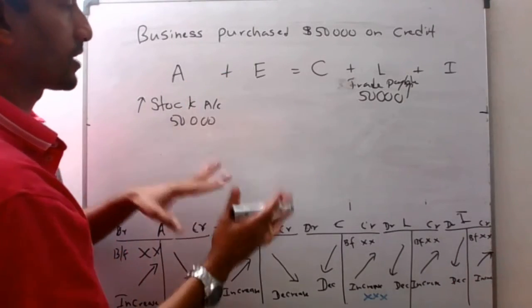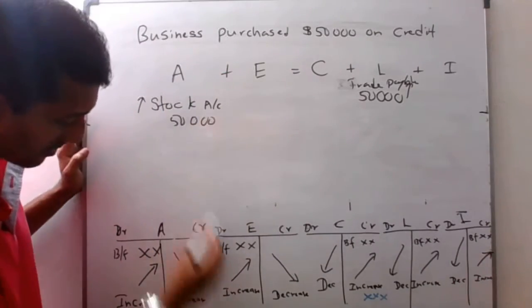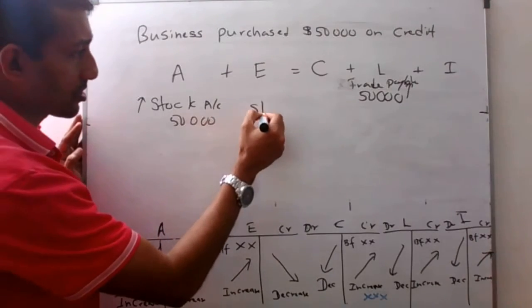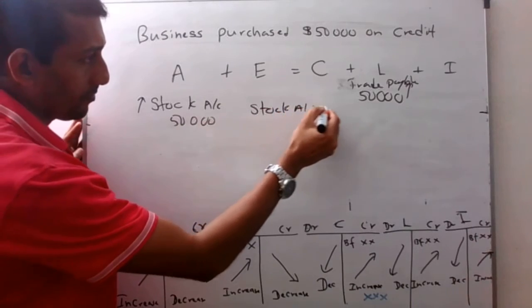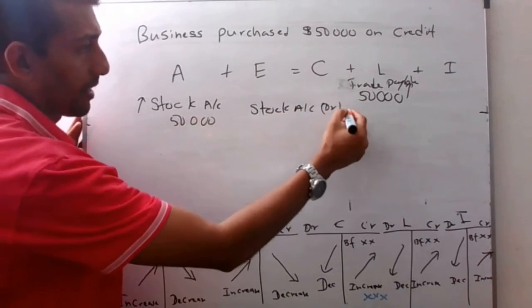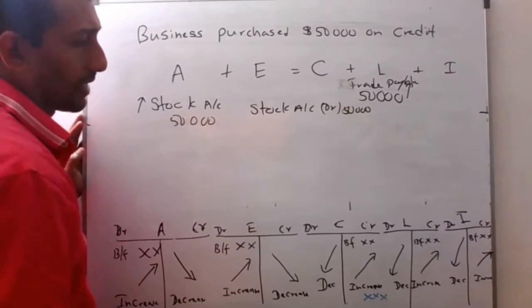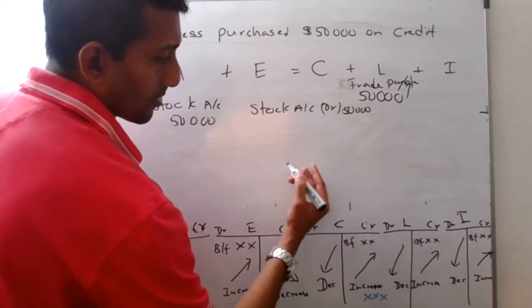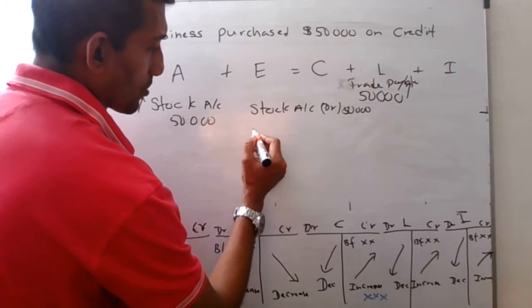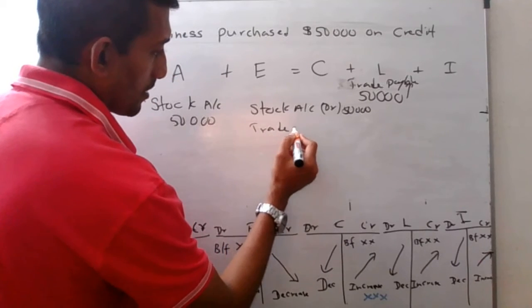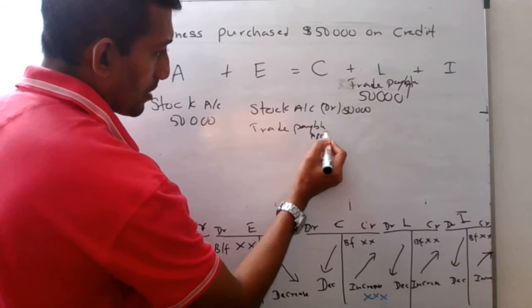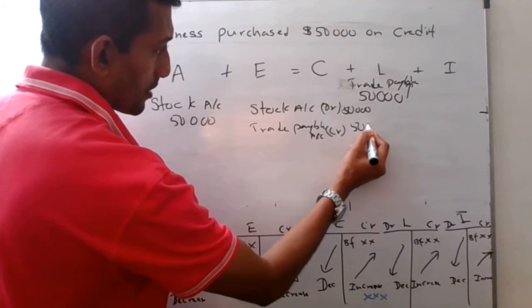So if I put it into the ledger, because the stock is an asset and the asset is increasing, you see your stock account debit by 50. And your liability, which is a credit balance where it is increasing, you need to credit it. So trade payable would credit 50.